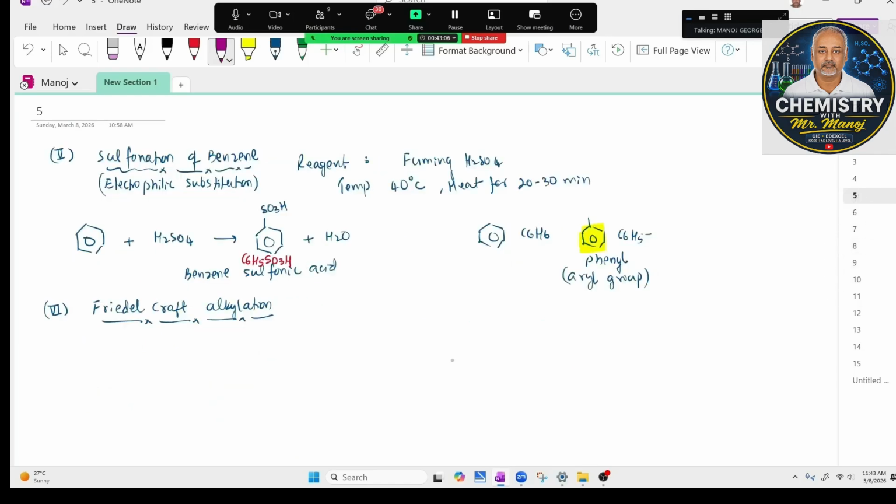Okay, so Friedel alkylation. Let's do one thing. I'm going to give you some comments which probably will straight away tell you what exactly happens here. So that makes your learning process much easier. Just give me a second.